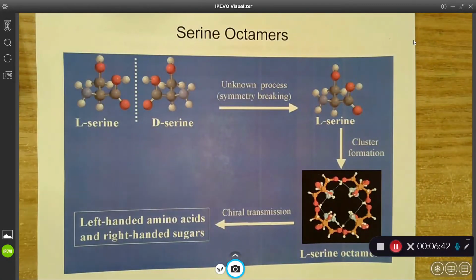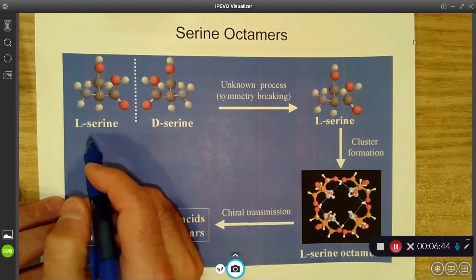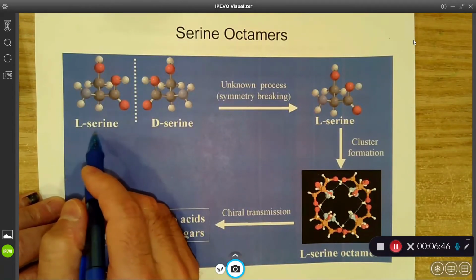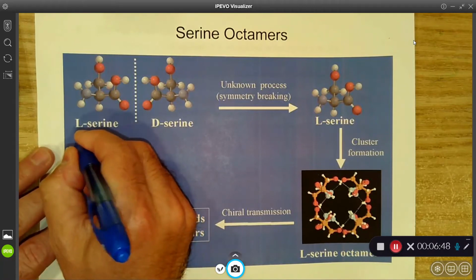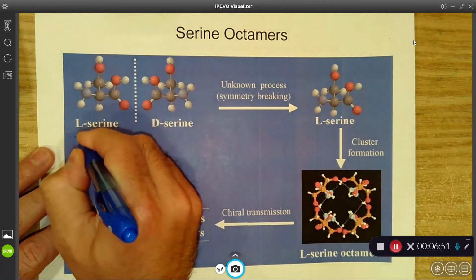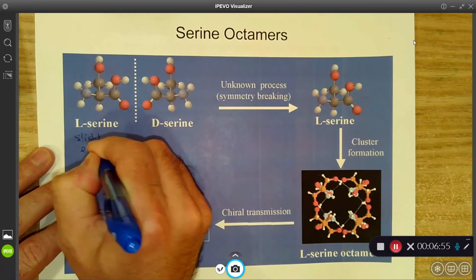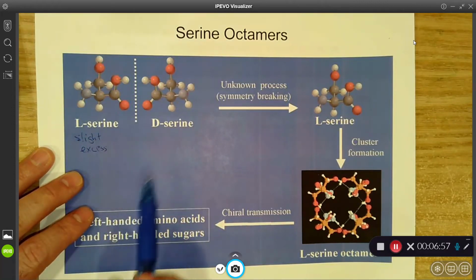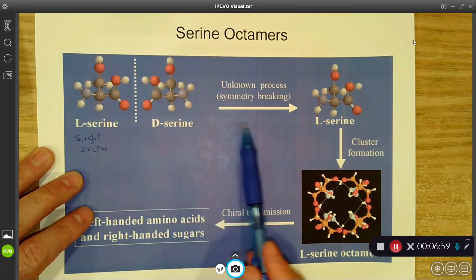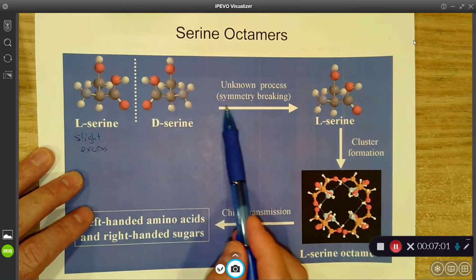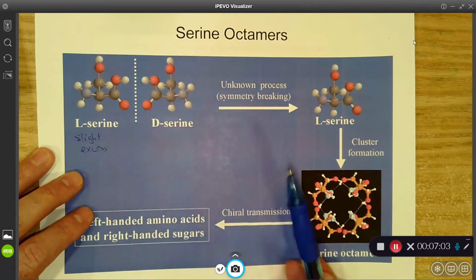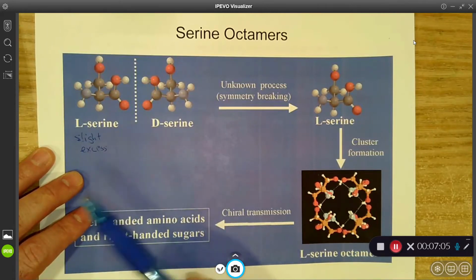It's actually quite interesting. They took a mixture of L-serine and D-serine. It turned out in this experiment there was a slight excess of one stereoisomer. And then they subjected this to some sort of symmetry breaking. You can imagine maybe some light or something to degrade it.